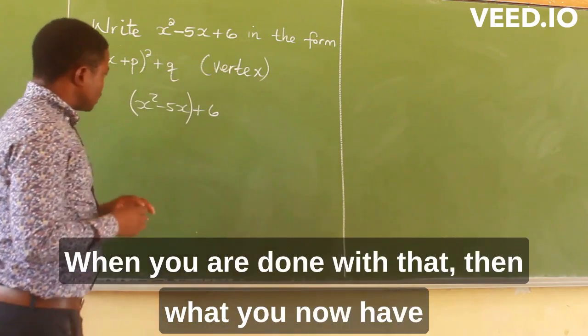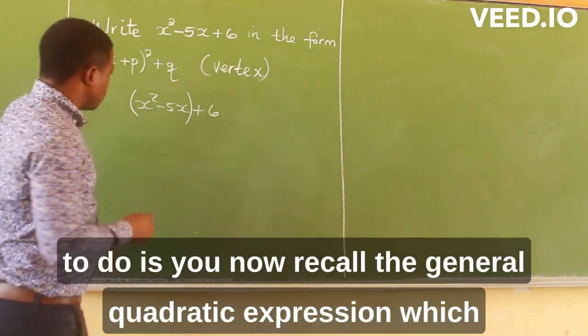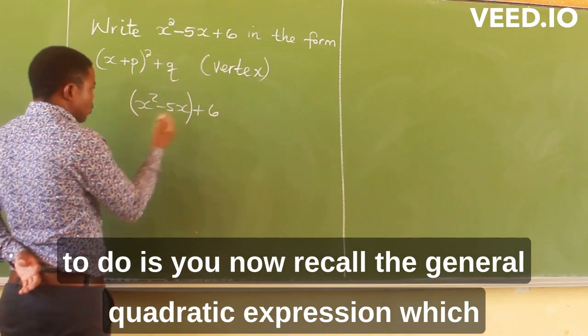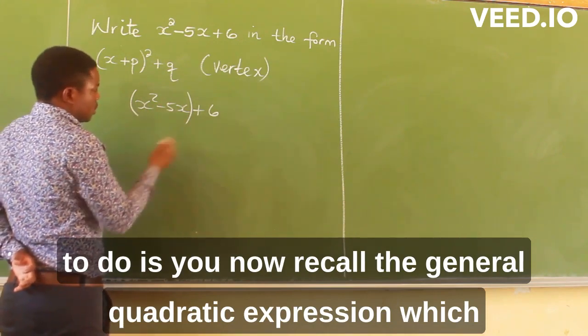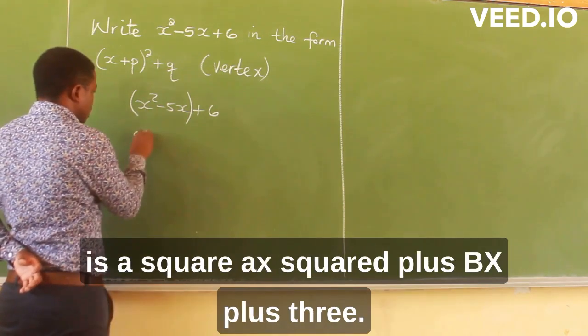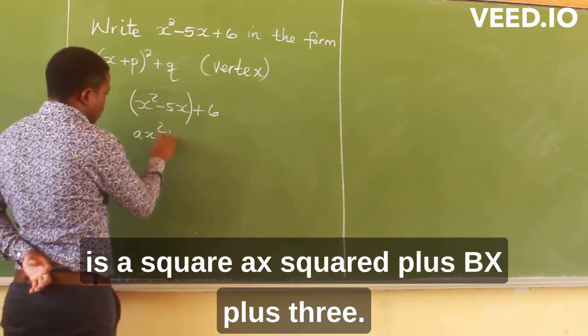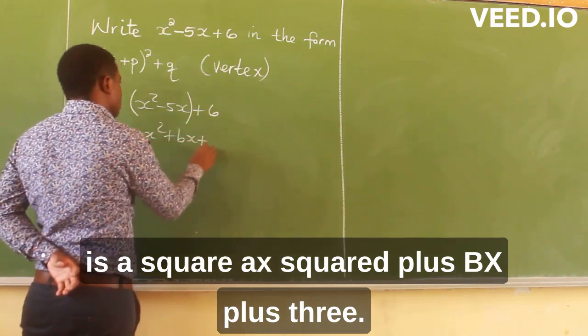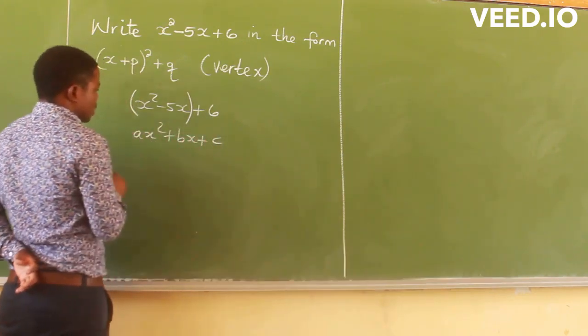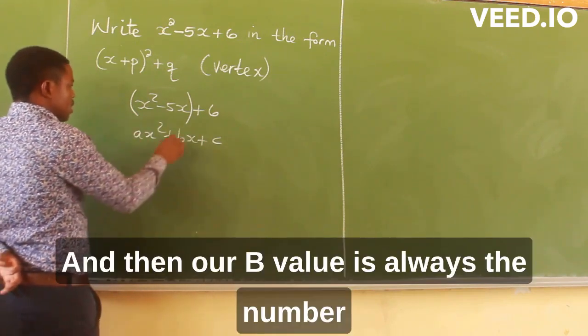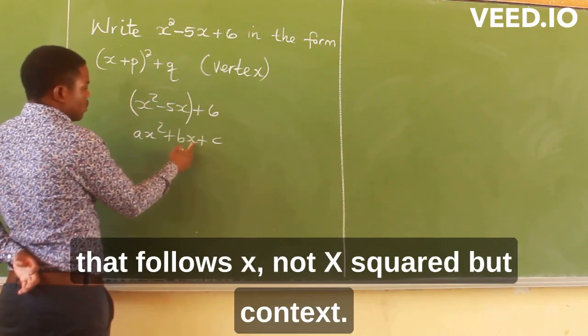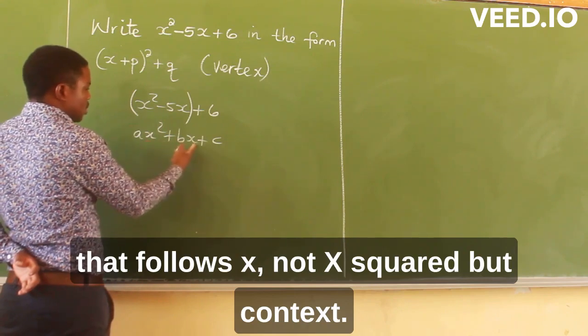When you are done with that, you now recall the general quadratic expression, which is ax squared plus bx plus c. Our b value is always the number that follows x, not x squared but only x.